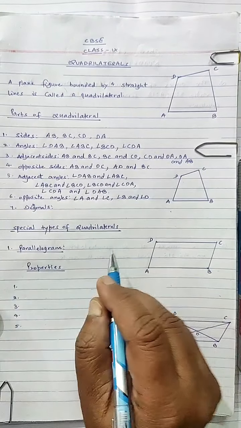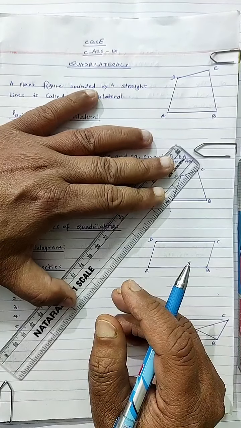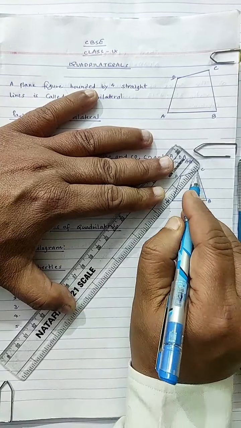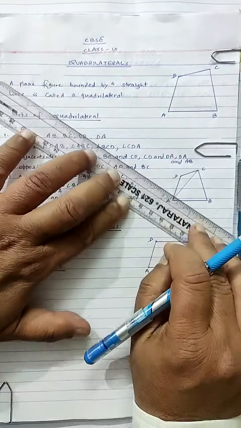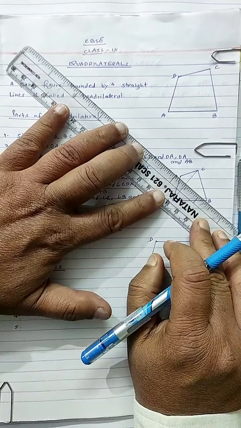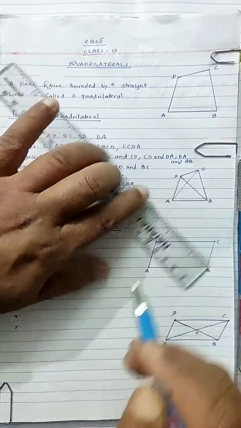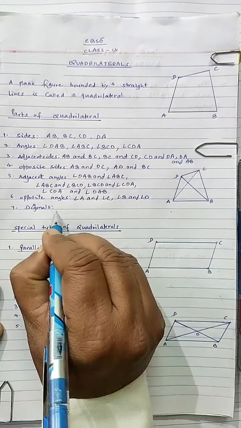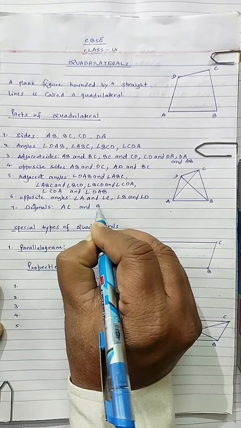Now, diagonals, the line segment joining the opposite vertices of a quadrilateral is called a diagonal. In a quadrilateral, we have two diagonals, AC and BD. So diagonals are AC and BD here.